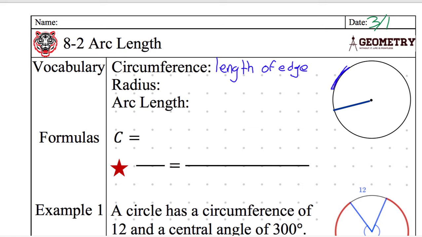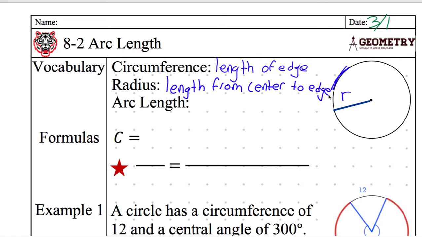So that is going to be called my radius. R is the radius, the length from center to edge. So it's not the full diameter. Diameter is the full length. Radius is only half of the length.